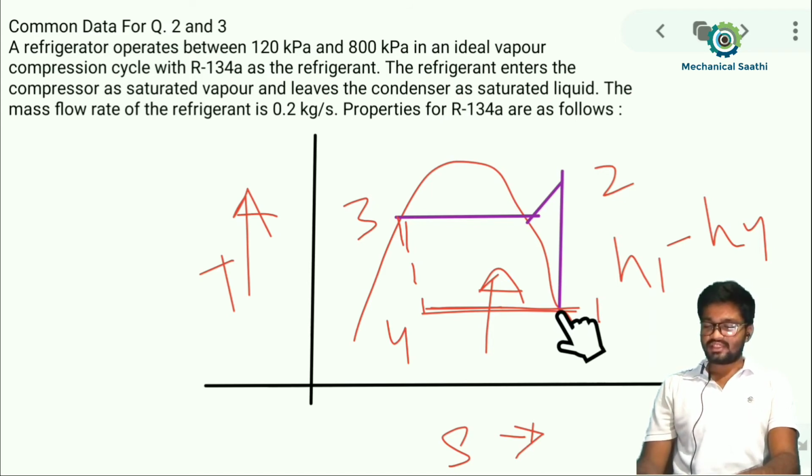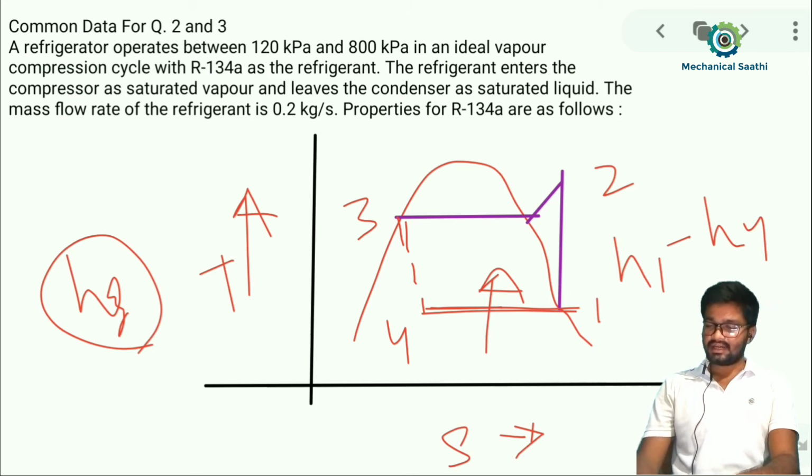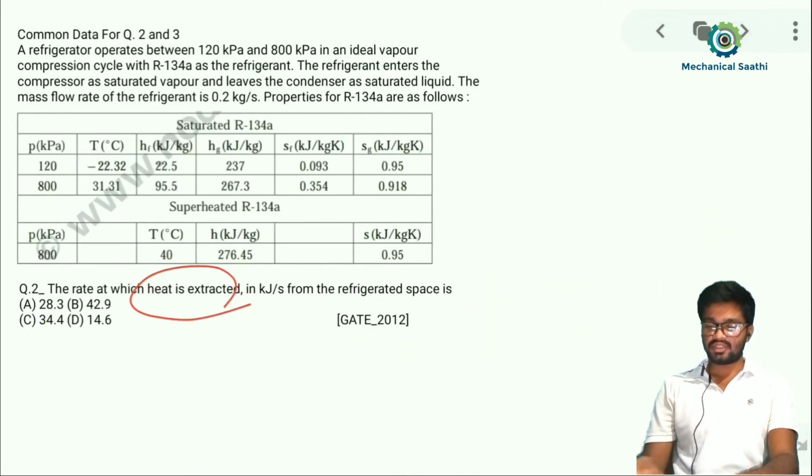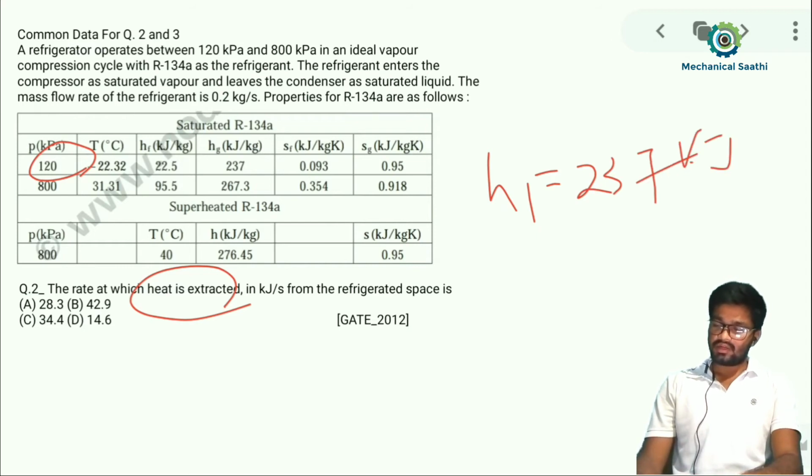For the saturated vapor region, the enthalpy is denoted by Hg, at a pressure of 120 kilopascal. The Hg value given here is 237 kilojoule per kg. So I can write H1 as 237 kilojoule per kg.